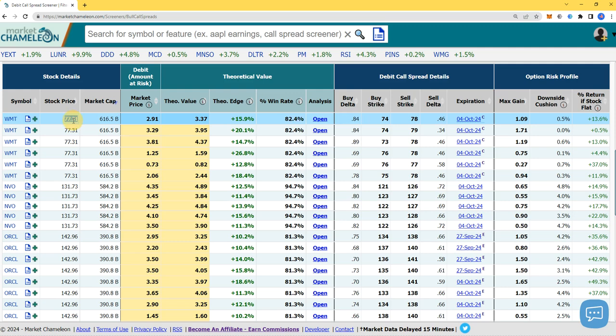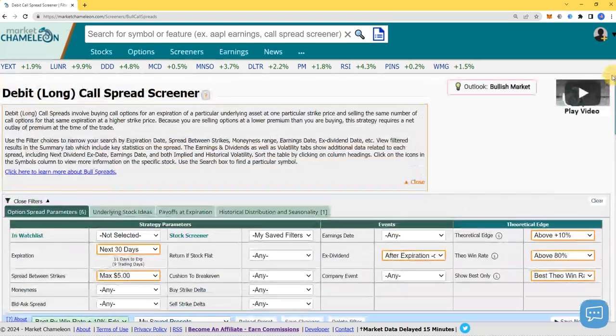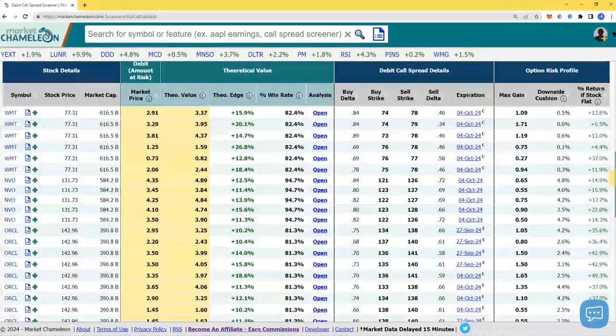So the price right now is 77.31, and the trade itself, you see here, you buy the 74 call, you sell the 78 call. And again, remember this. Why would you do it? Because you have a bullish outlook on the market.